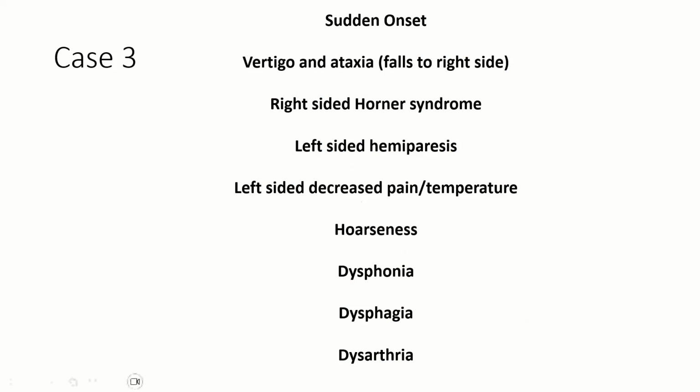All right. Case 3: sudden onset vertigo and ataxia, falling to the right, right-sided Horner syndrome. Is that right? I don't think this is totally correct here, so I'll not include that.